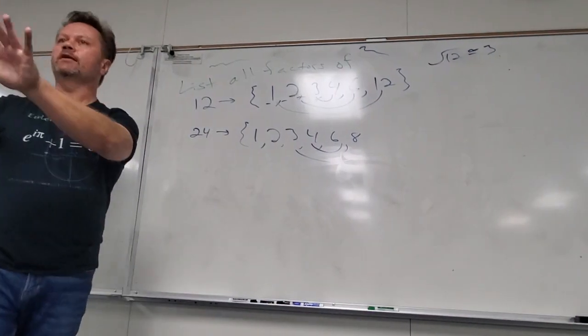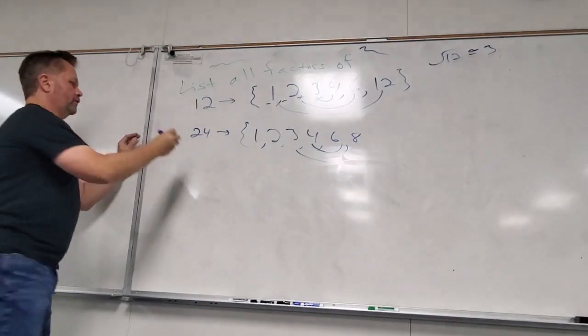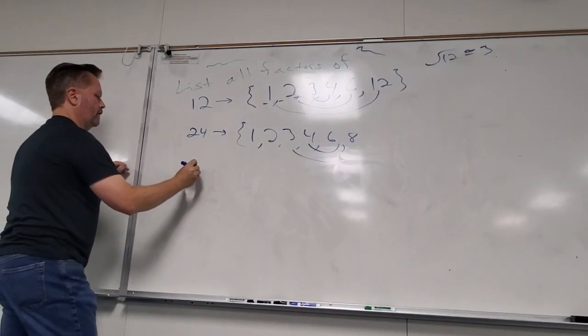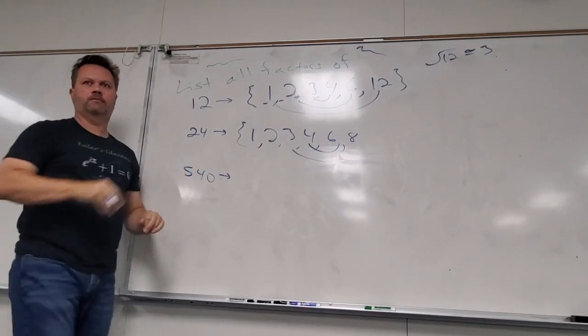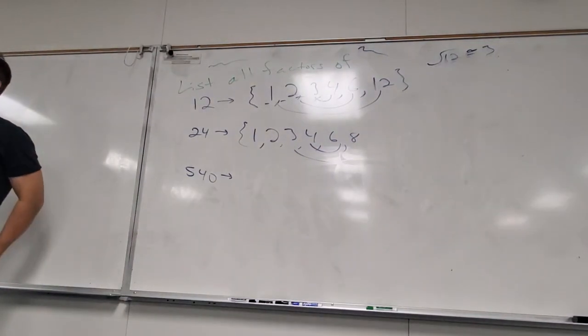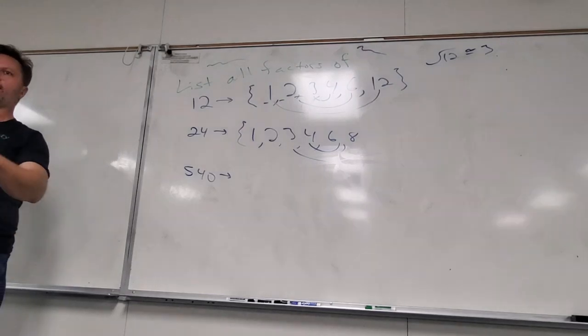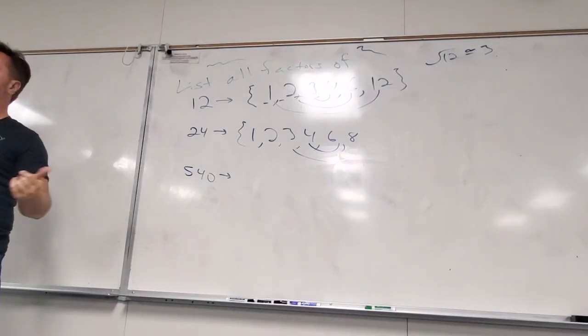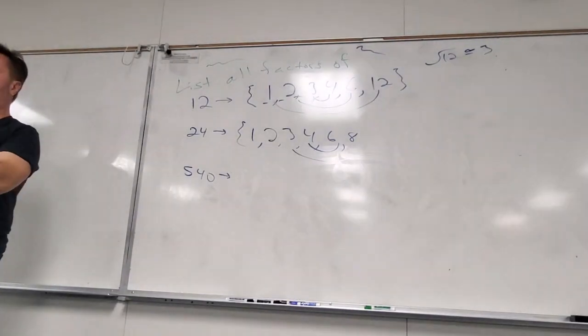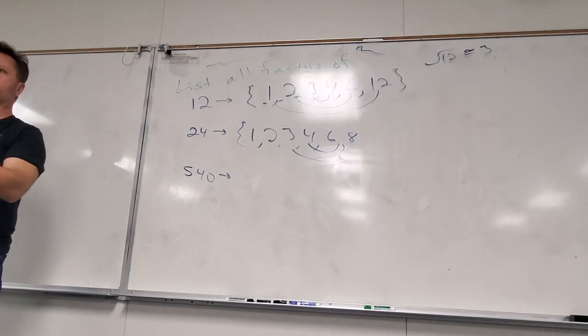So that's one thing. Another thing is, what if I asked you, how about 540? Are you excited to do that one? I could figure out the turning point for this. Not as easily, but you could do it on your calculator, right? What's the square root of 540?